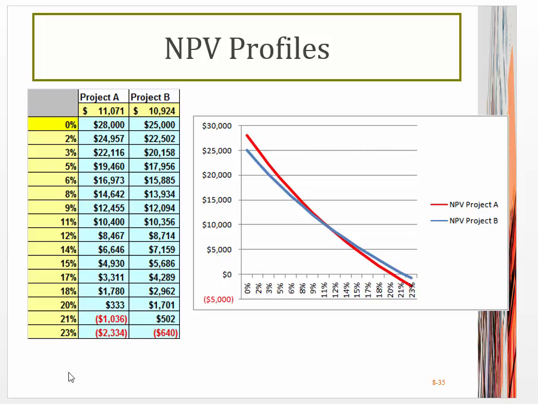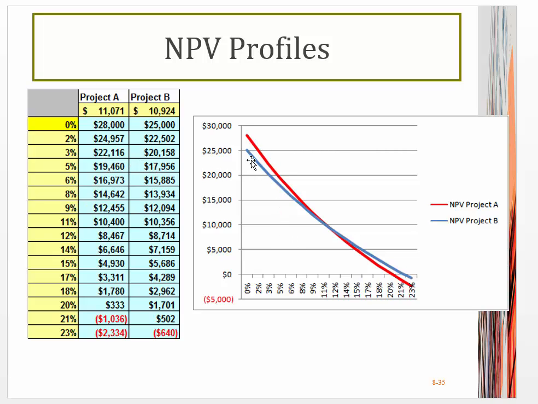So here are the net present value profiles. Here are the numbers, the net present values. And what the net present value profile says is, at a 3% discount rate, what is the net present value of A and the net present value of B? A is $22,000, B is $20,000.